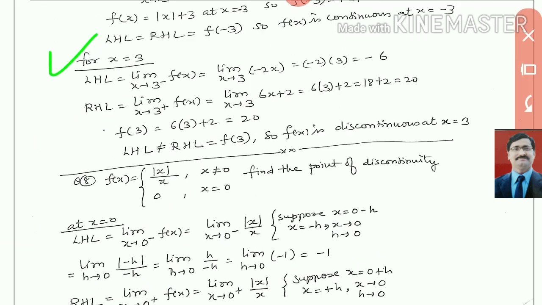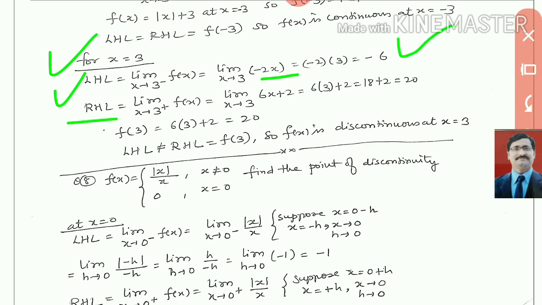Now in the same way we check for x equal to 3. For x equal to 3, left hand limit is limit x tends to 3 minus of f(x), meaning less than 3, and there we have minus 2x. So in place of x you put 3 and you get minus 6.